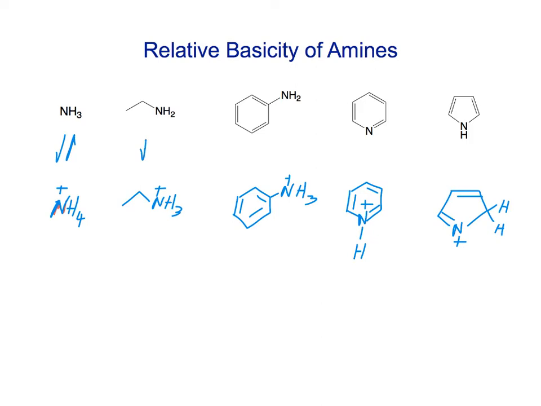So what we want to try to figure out here is, ultimately, the order of basicity of the amines, and we can maybe relate that to the order of acidity of the conjugate acids. Okay?